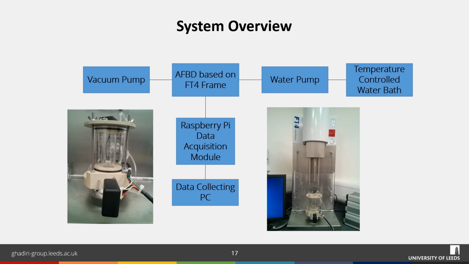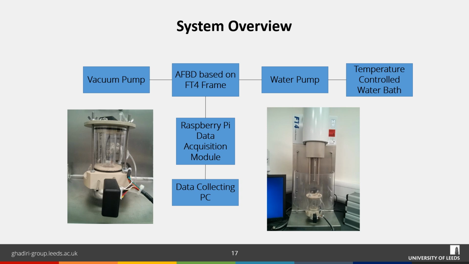The current slide is showing an overview of the system that we have put together. The photo on the left bottom is showing the new AFBD test device that we designed, and it can sit on top of the FT4 rheometer, as shown in the photo to the right.